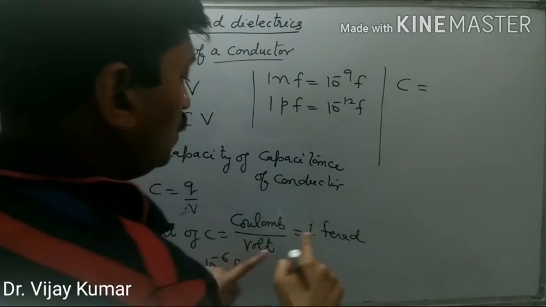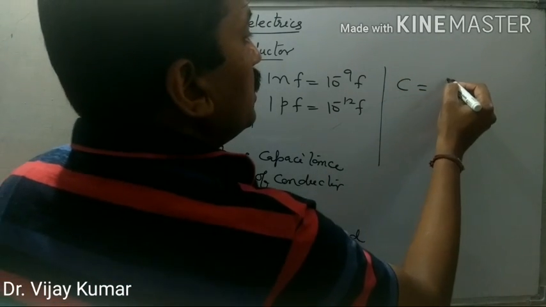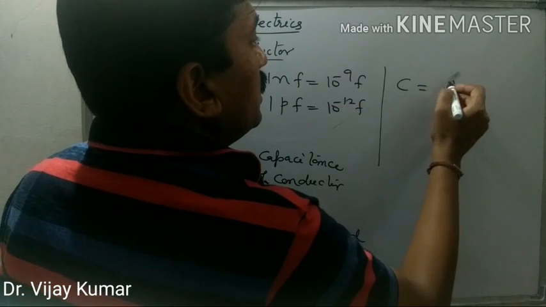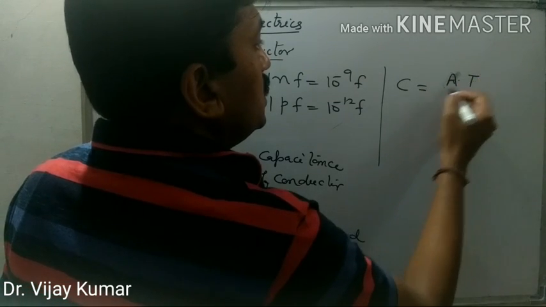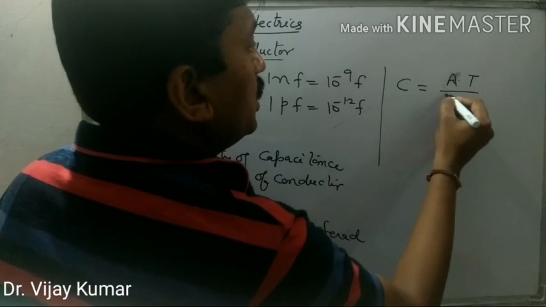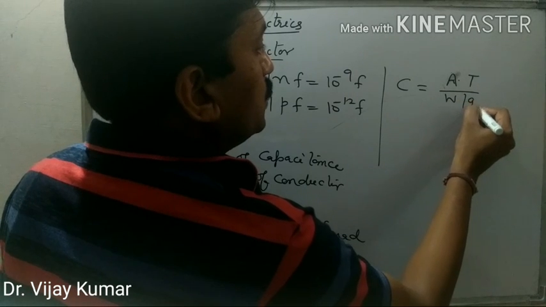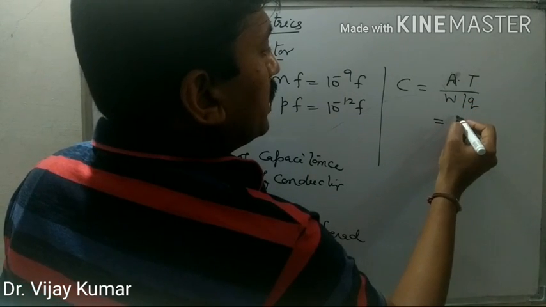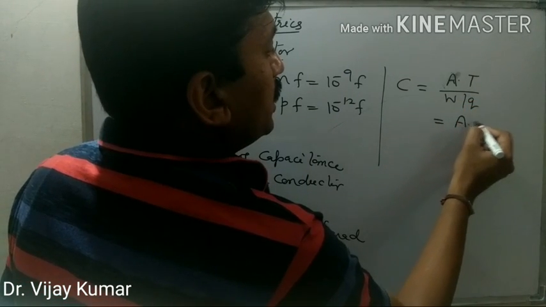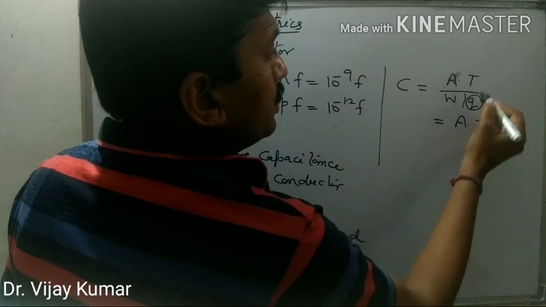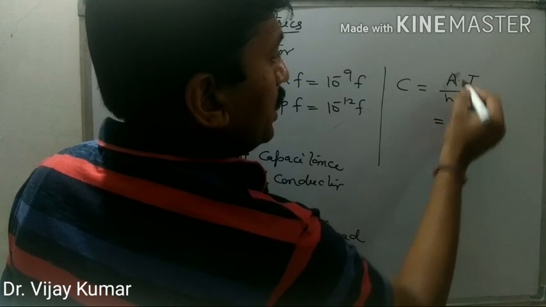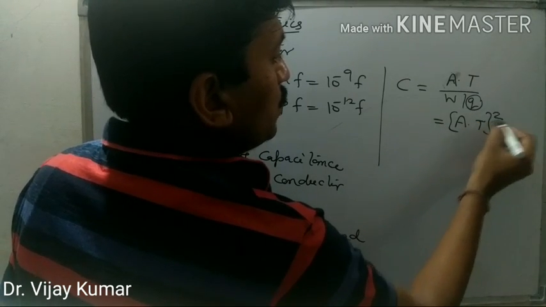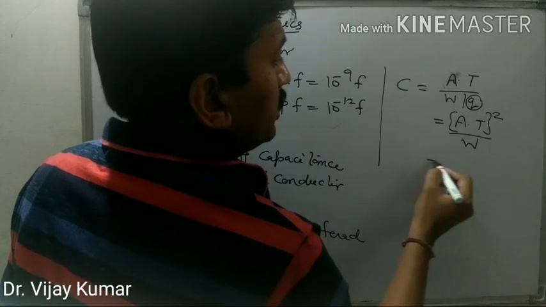that is equal to coulomb. Coulomb means A into T upon volt, work done upon Q, or we can write A into T, charge, we can write A into T square upon W, that is work done.